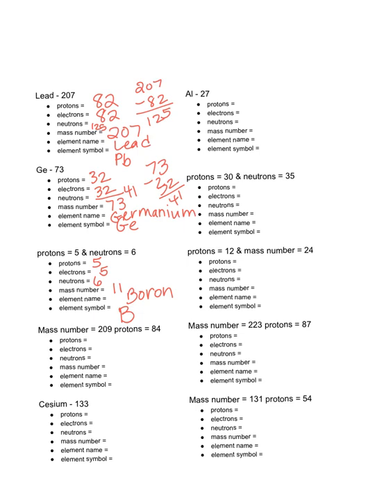Next one, protons is 84. Electrons is 84, because protons equals electrons since it's neutral. My mass number is given as 209. So to figure out my neutrons, I'm going to take 209, take away 84, and I'm going to get 125.